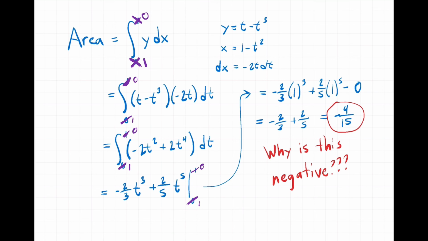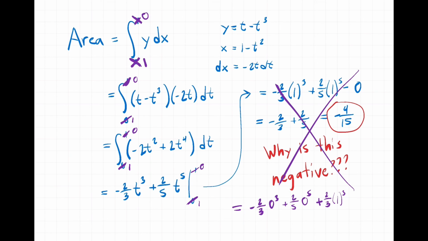And that means that I can get rid of all this stuff and replace it with, we'll just now plug in our bounds the way they should be. So we're going to have negative 2/3 of 0 cubed plus 2/5 of 0 to the 5th, minus a negative, that's plus 2/3 times 1 cubed, and then minus a positive, that's negative 2/5 of 1 to the 5th.